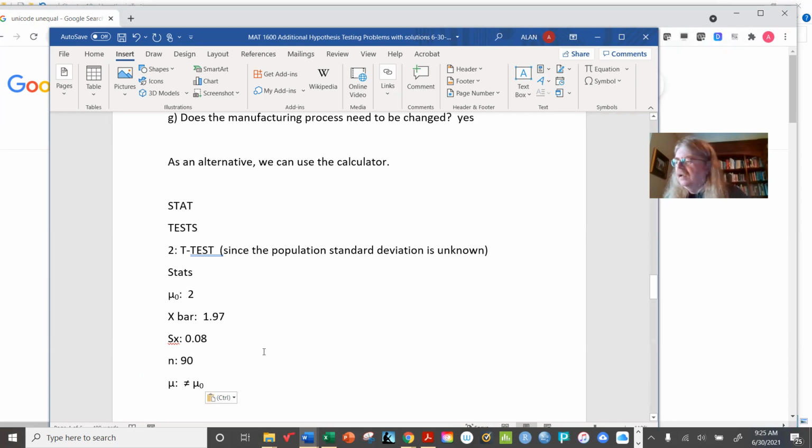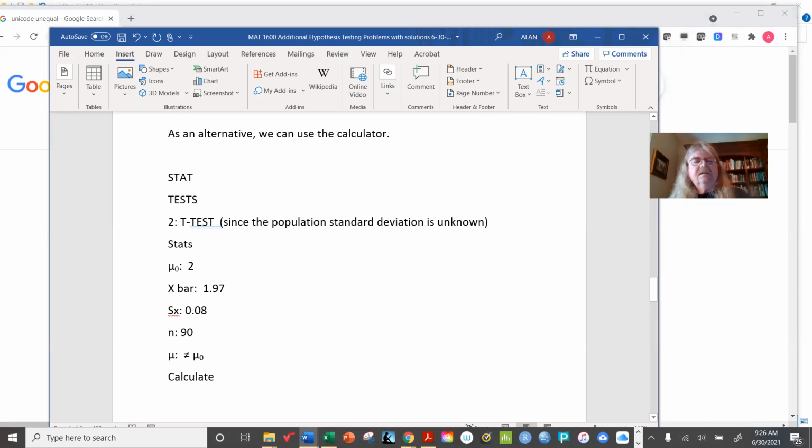All right, so now you go ahead and do the calculations. And let's do that. 2, 1.97, 0.08, 90, and you'll see, okay, now because of rounding, it did get a slightly different p-value. They're telling us that the t statistic is negative 3.5576 or so.